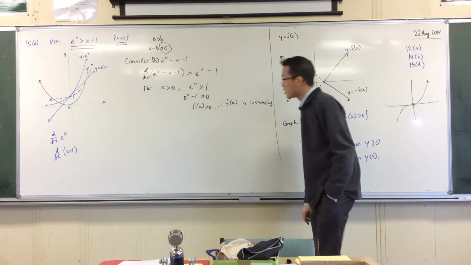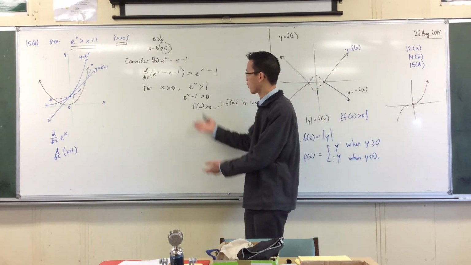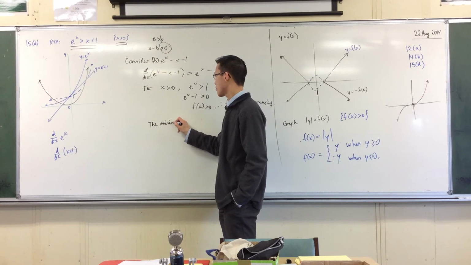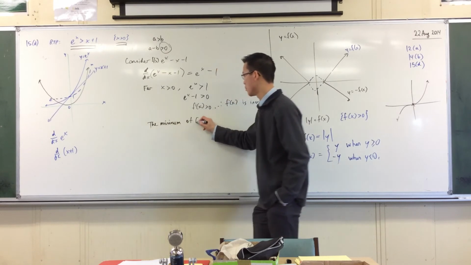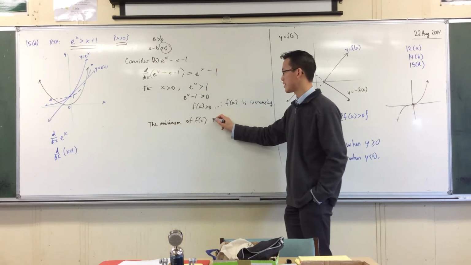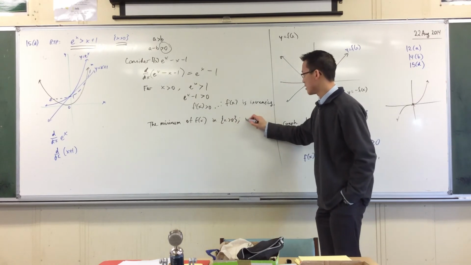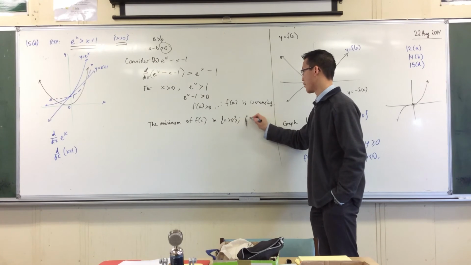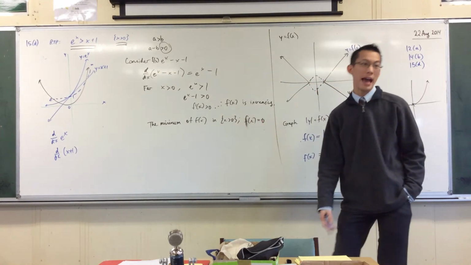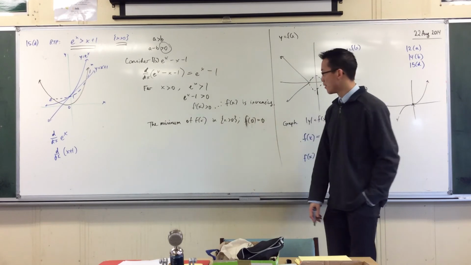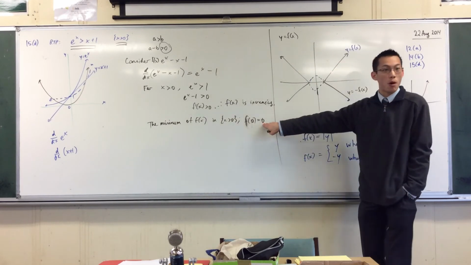Okay. So then you say, well, have a look at this graph, right? You can find the stationary point, and you can say the absolute minimum of f of x in this domain is f of x equals 0. And it happens at 0. So therefore, your rock bottom is 0, right?